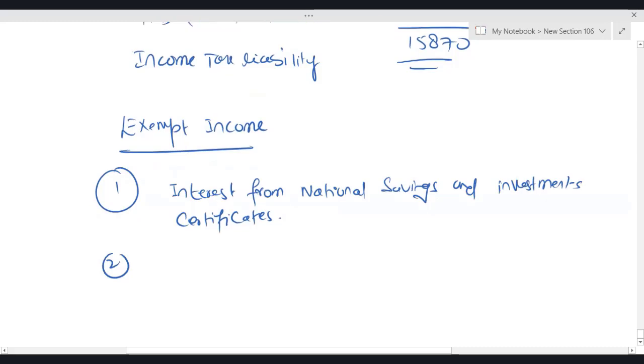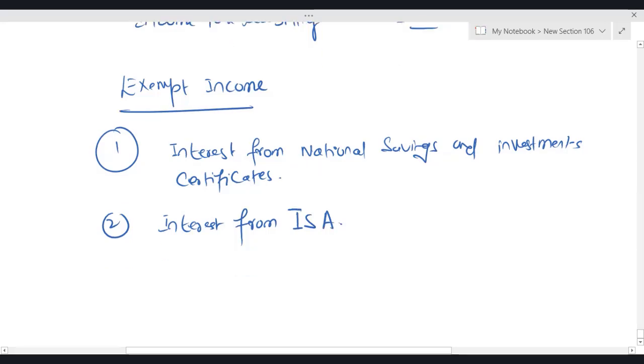Second, interest received from an individual savings account, ISA. If the interest income is coming from an ISA, it will be mentioned in the question.